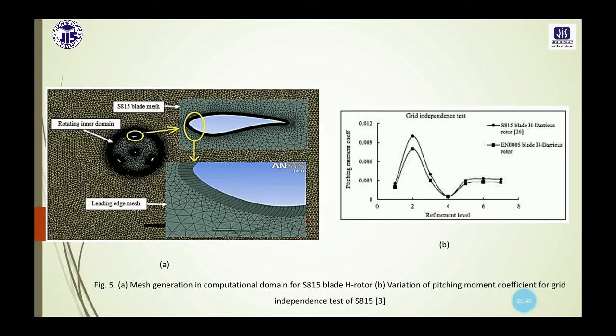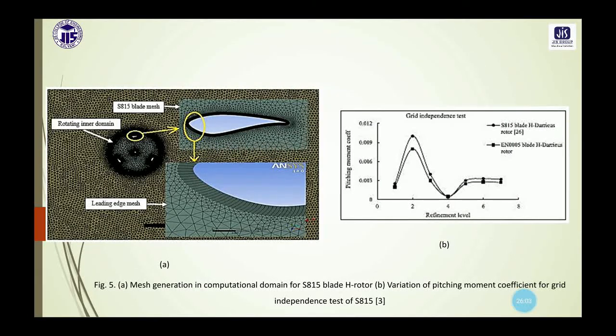We have zoomed in on that leading edge mesh. In the blade periphery, the mesh is much denser compared to the other regions.